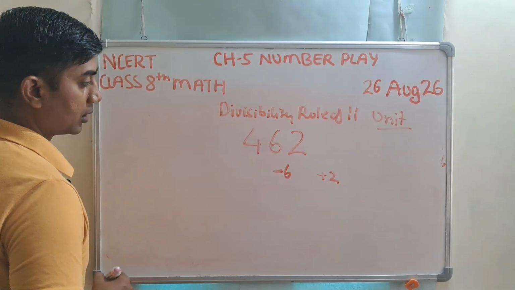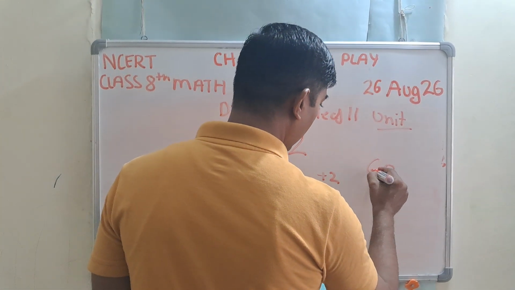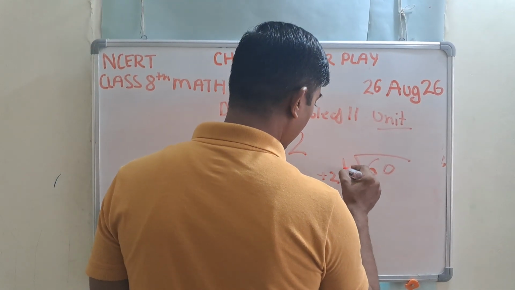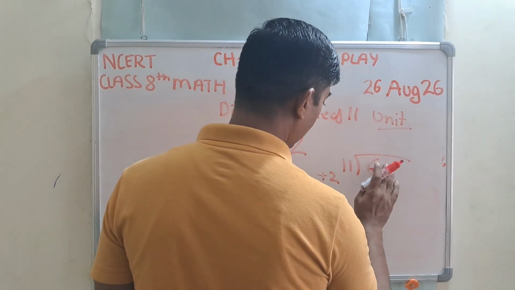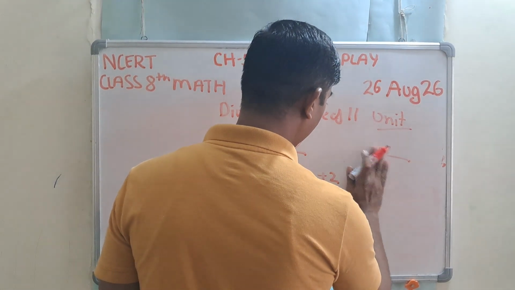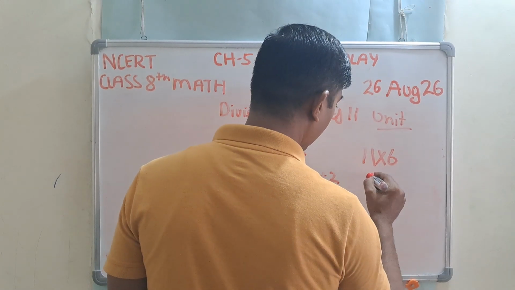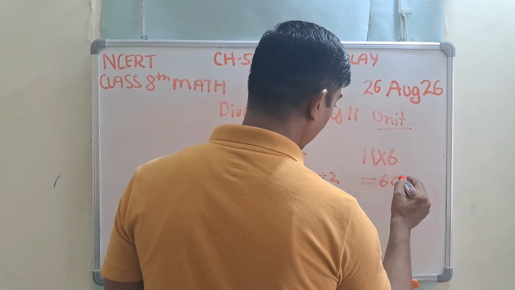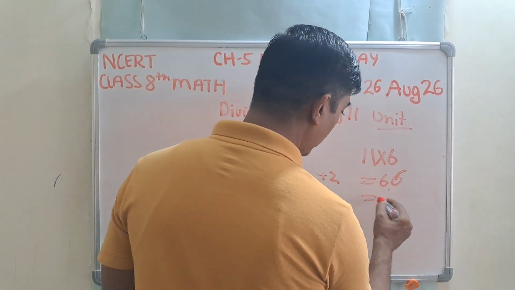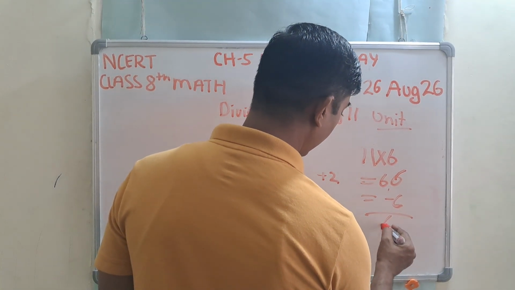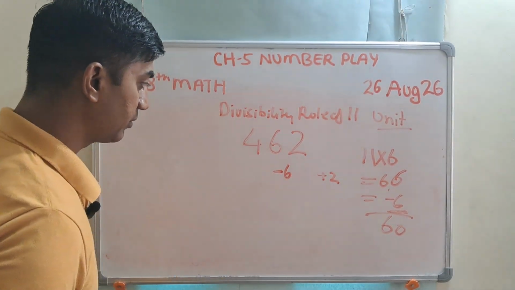Understood? -6 means you have 60 and you have to reach the nearest multiple of 11. 11 into 6 is 66, and you have to reach 60, so you have to do -6, then your result will become 60. Understood? This is the reason we have written it -6.